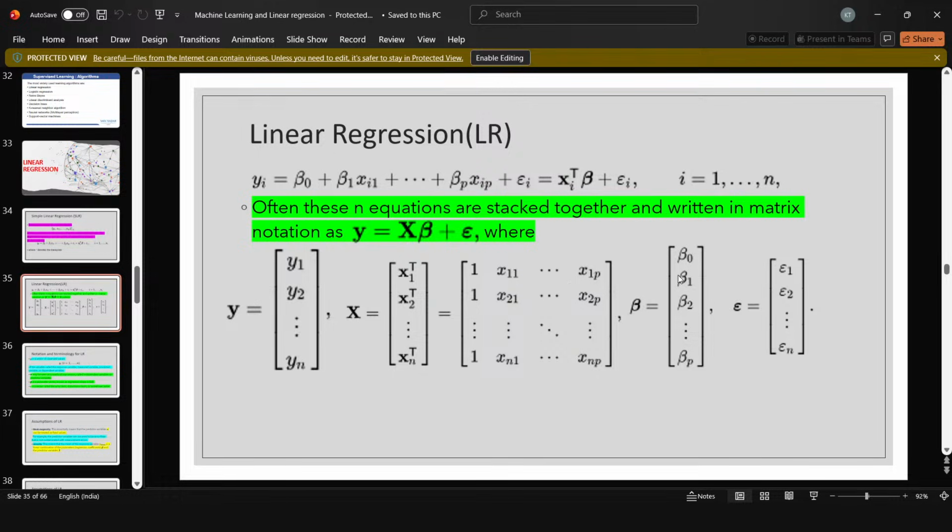I hope you understand this. And the beta values are also given. These are error terms, which we'll see in the upcoming slides. We need to find how much error is produced in the current iteration of the machine learning model.